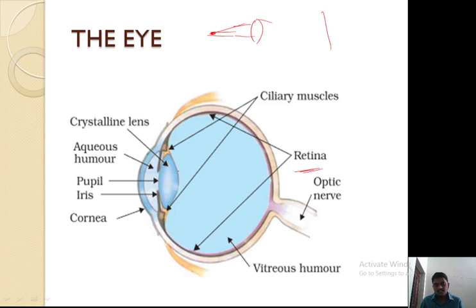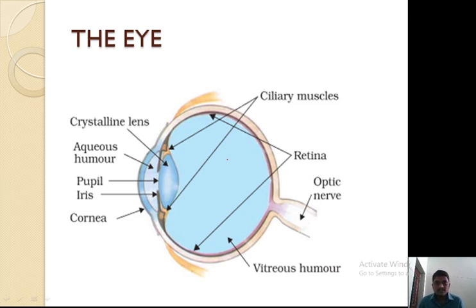When you are focusing nearby objects, the ciliary muscle helps the lens to compress, so the focal length decreases and the image forms on the retina, so that we can see the objects clearly and distinctly.